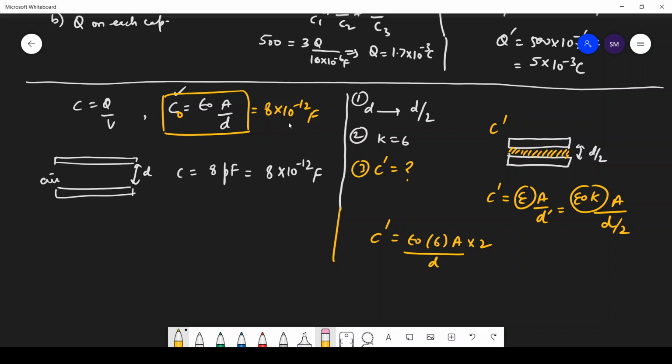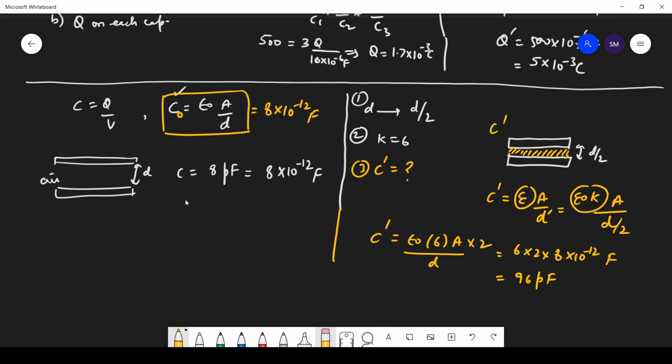Epsilon naught A by D is this capacitance, so that's 8 into 10 to the power minus 12. So that's equal to 6 into 2 into 8 into 10 to the power minus 12 farad. This comes out to be 96, and 10 to the power minus 12 is pico, so 96 picofarad will be the new capacitance.